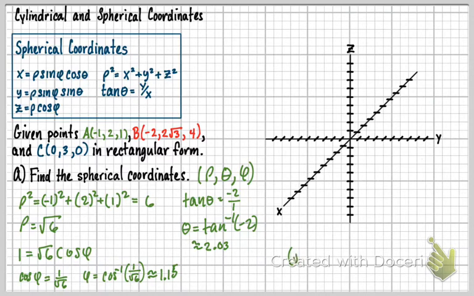So then my point, my rho, which is square root of 6, comma my theta, which is tan inverse of -2, and then my phi, which is cosine inverse of 1 over root 6.